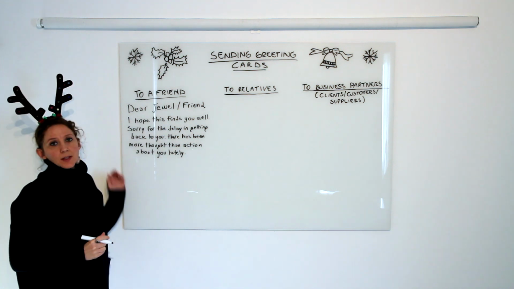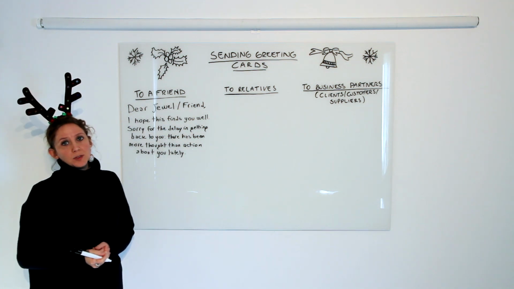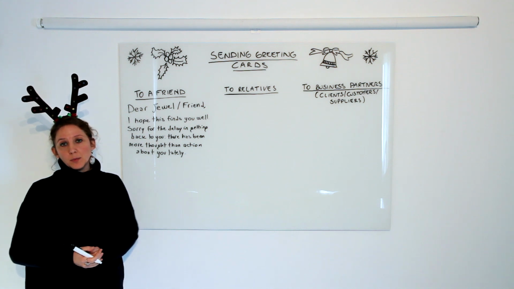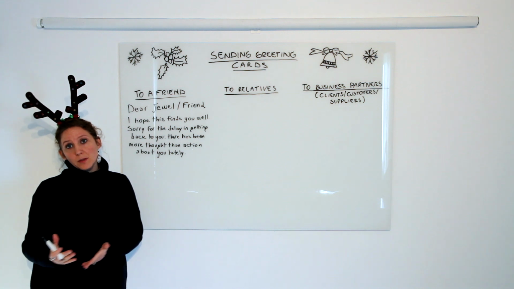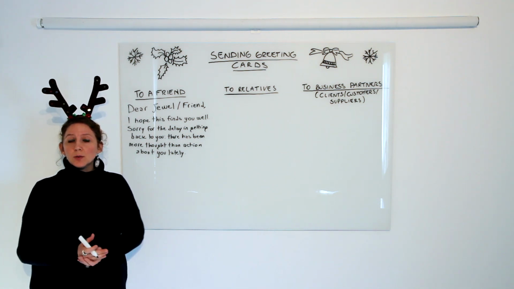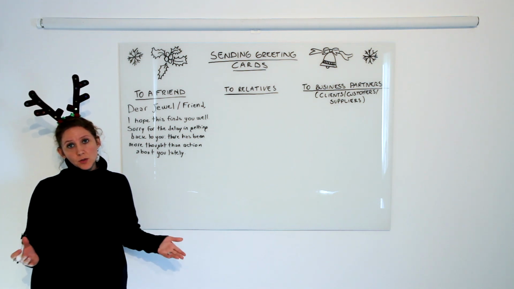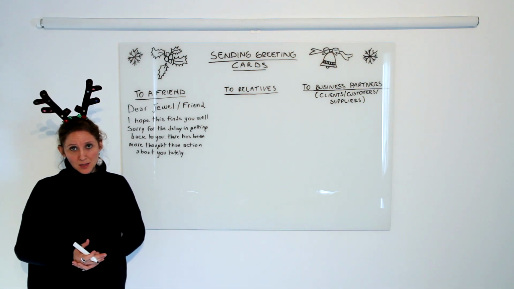Now, this is just a nice way to apologize about the delay in contacting the person, and at the very same time letting the person know that you have been thinking about this person, but you didn't contact him or her just due to lack of time, basically.